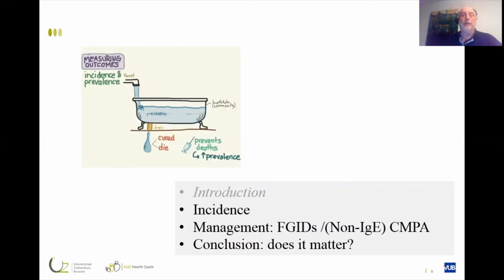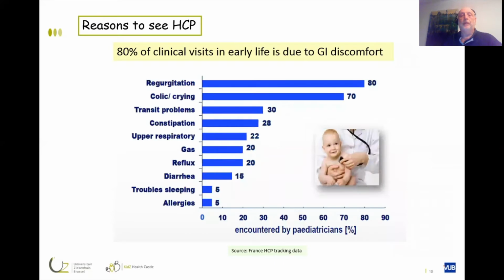What do we know about the incidence of these different conditions? Well, according to these data from France, 80% of the clinical visits in early life are due to gastrointestinal discomfort, such as regurgitation, constipation, crying, and other manifestations.